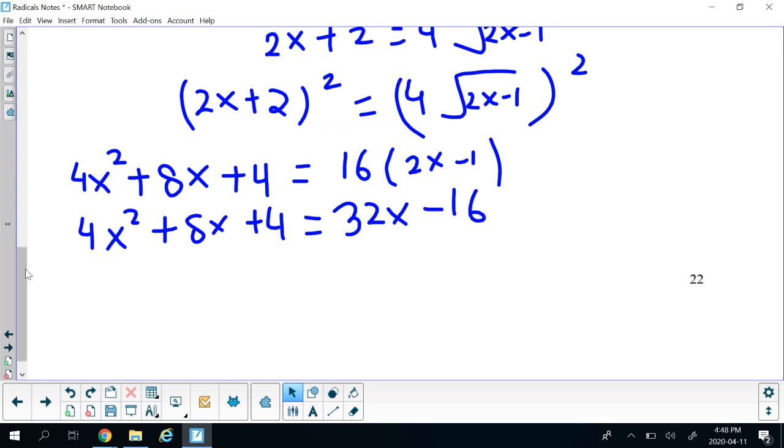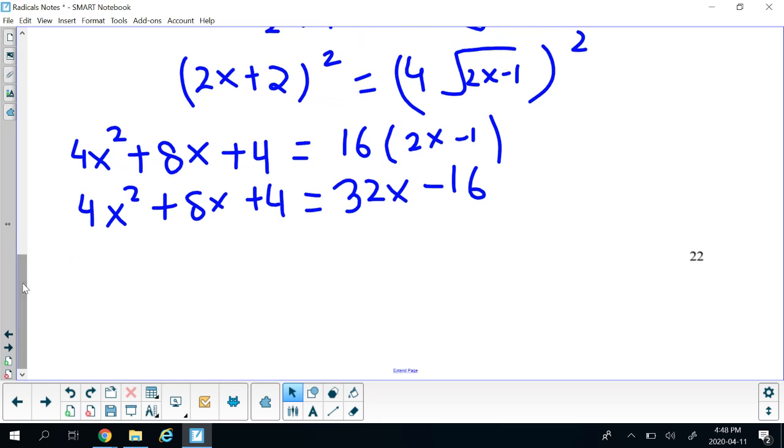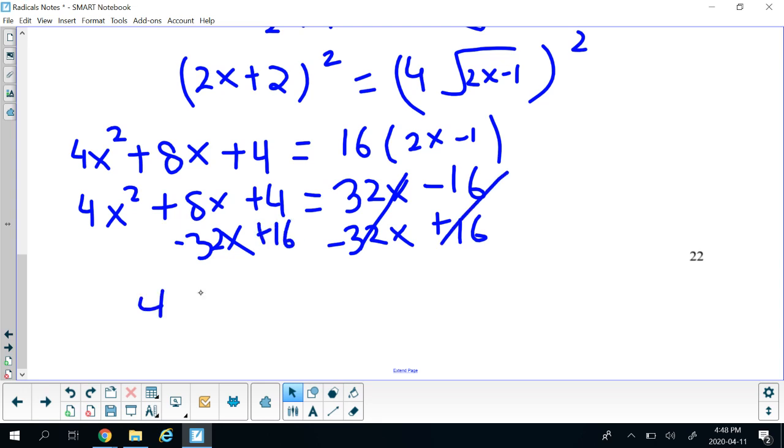And now let's combine the like terms by using the opposite operation method. So subtract 32x on both sides and add 16 on both sides. So we'll get 4x squared minus 24x, and 16 plus 4 is 20, equal to 0.